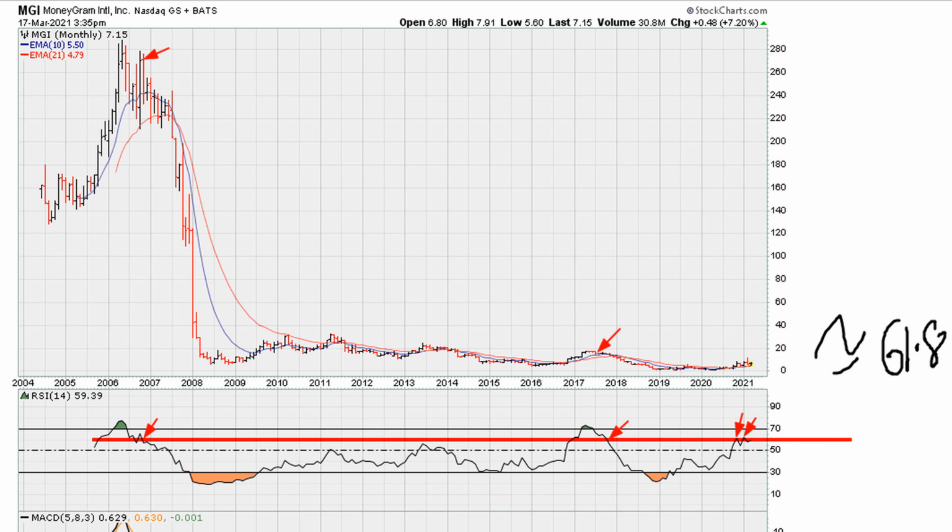So it is clear that unless it can clear this level, by the way, it could eventually clear this level, but until it clears the 61.8 threshold, this is a clear sign that it is aware of the area and has been stalling around here.